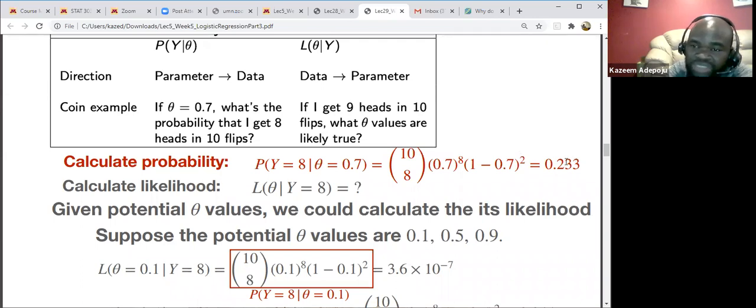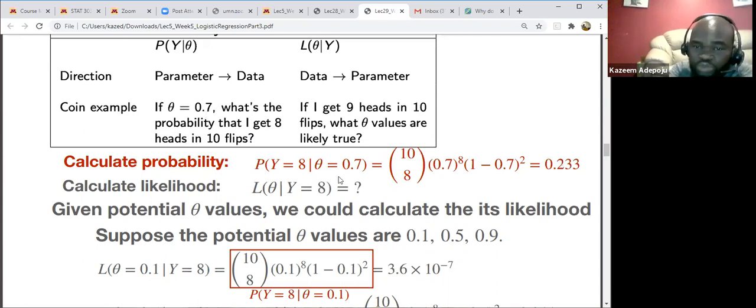So this is the probability when I flip a coin 10 times of getting 8 heads, given that the theoretical probability of getting a head is 0.7.